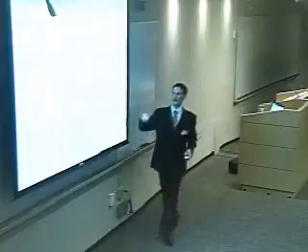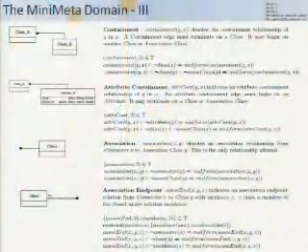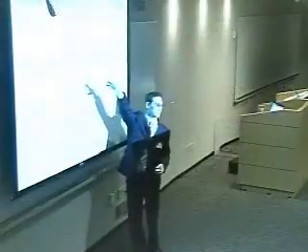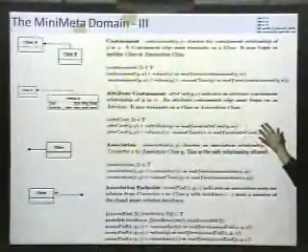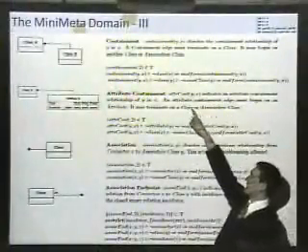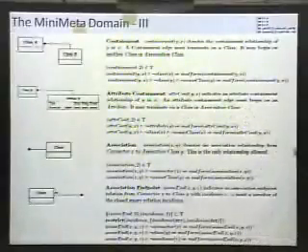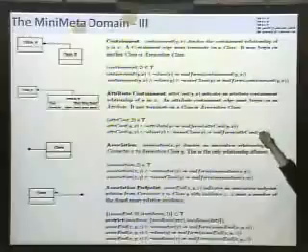Okay, and then things get a little more interesting when you want to define the rules about how you can relate things together. So, for example, a containment association is represented by a containment symbol of arity 2, and it goes from a class to a class, or from an association class to a class.